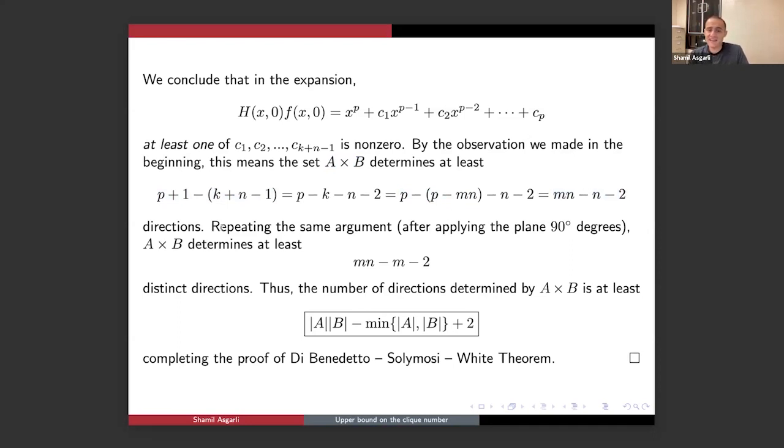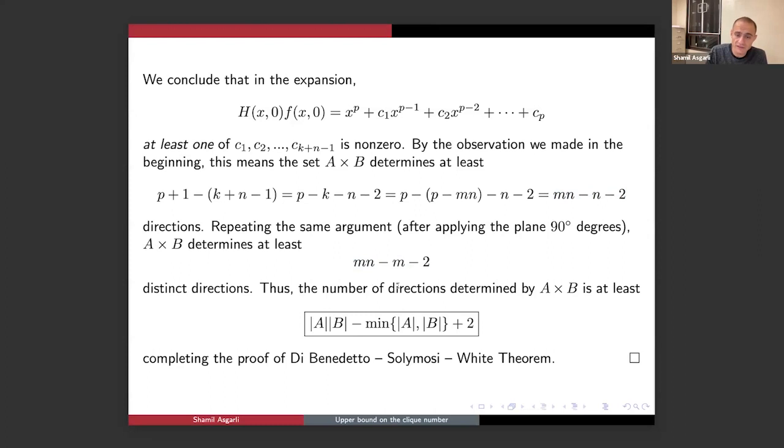But there's nothing special about the set B. We can do a 90-degree rotation and get that A cross B also determines at least mn minus m minus 2 directions. Well, what we have shown, remember, m and n are the size of the sets A and B. And we've shown that A cross B determines at least this many directions and this many directions.